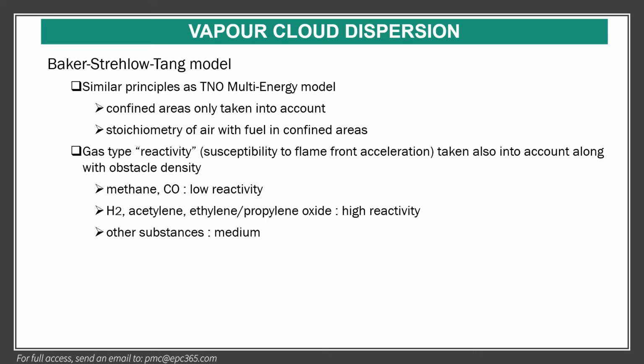Also, I will say that gas type reactivity, susceptibility to flame acceleration, is taken into account together with obstacle density: methane and CO are low reactivity, hydrogen and acetylene are high reactivity, and other substances are medium.